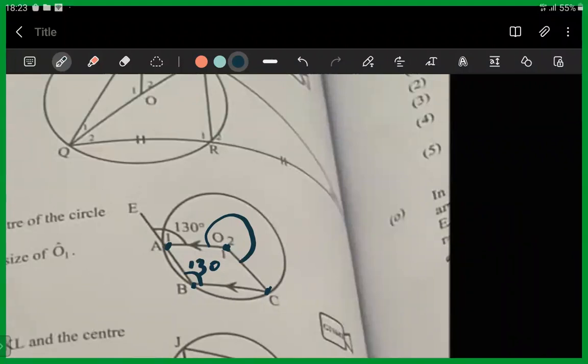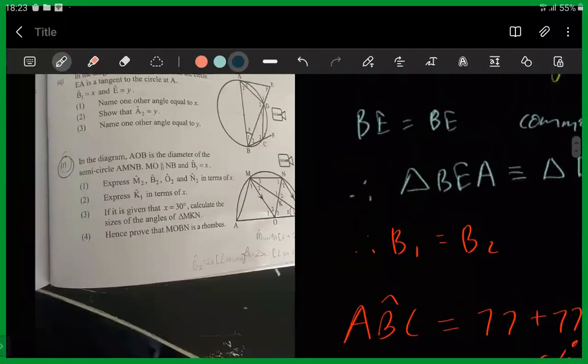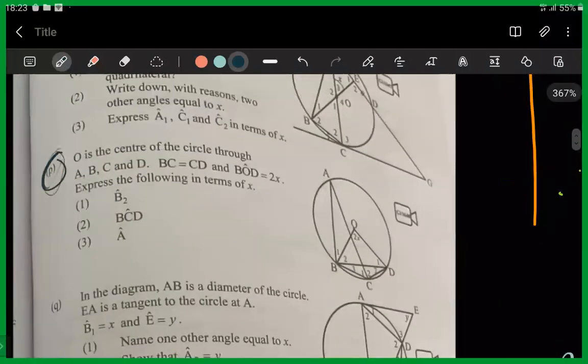So this angle here is going to be equal to 260. That kind of information is important for you to know. And then something like P, you'll also be able to do.